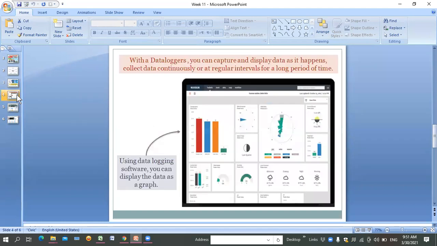Yes. Okay. Now, there are some examples of data loggers in different forms that help us. With the data logger, you can capture, meaning you can save or take a picture and display data as it happened, or collect data continuously or at regular intervals over a long period of time.